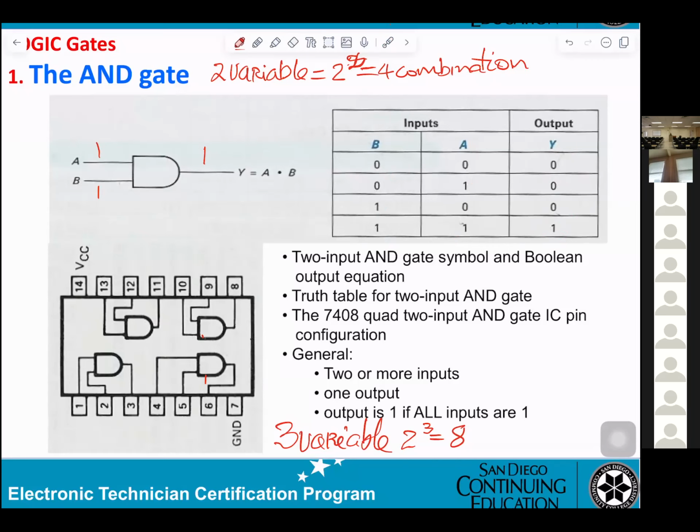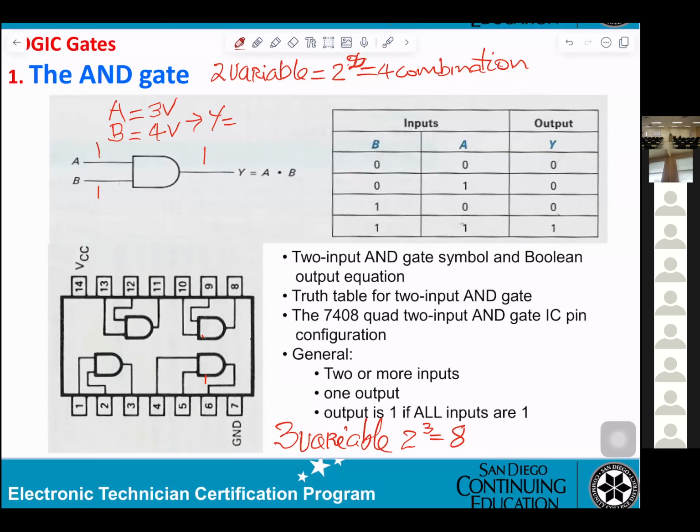Now I give you an example. When you measure A, you get 3 volts. You measure B, you get 4 volts. Then what do you think Y will be equal? Not 7 volts.